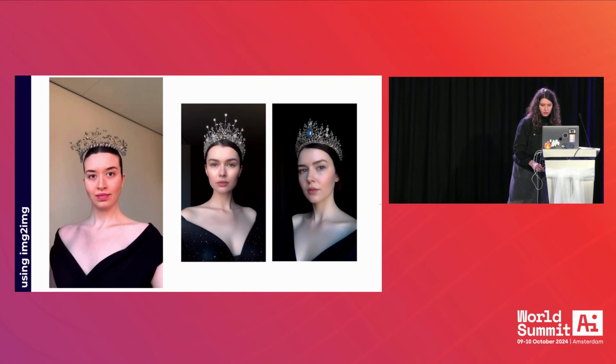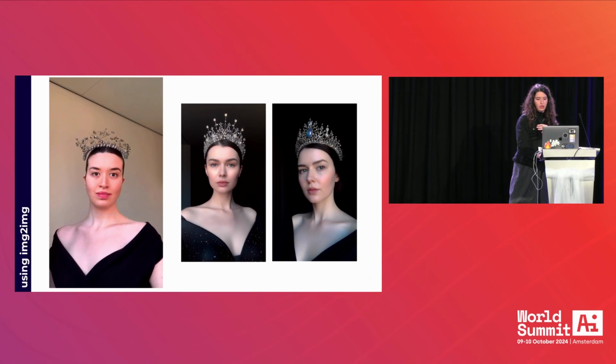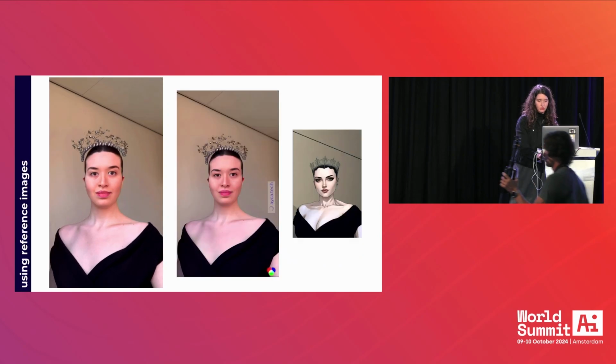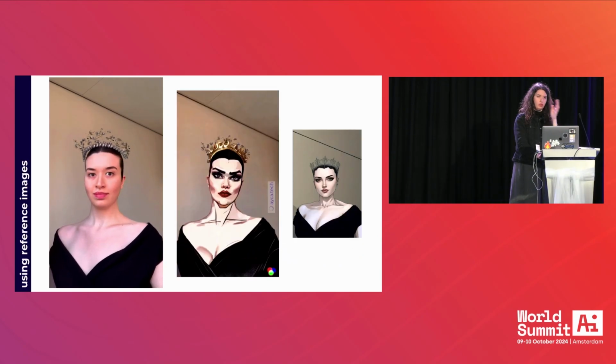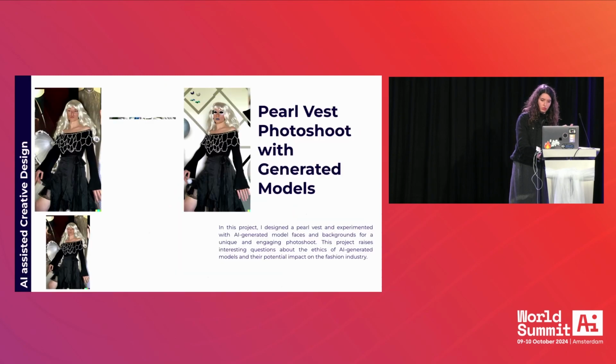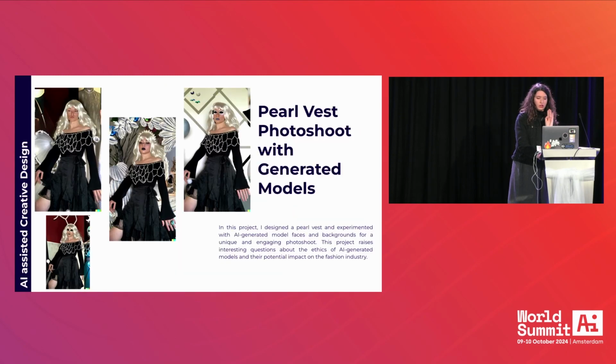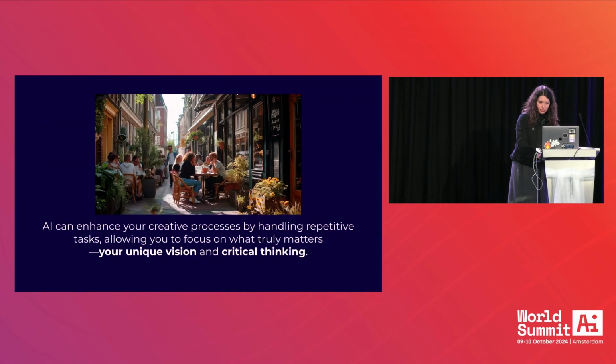Or you can have the video of the things, use image to image and become a different person, if you like. Or manipulate the reference image and create different kinds of videos. Set design, yes. So what I try to say is that these kinds of things are good for production.